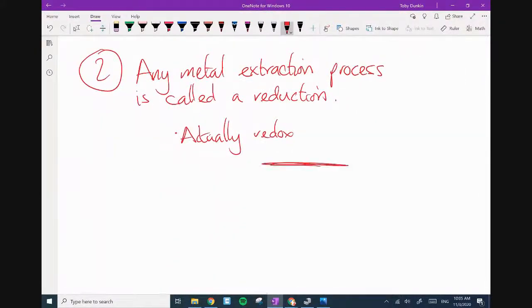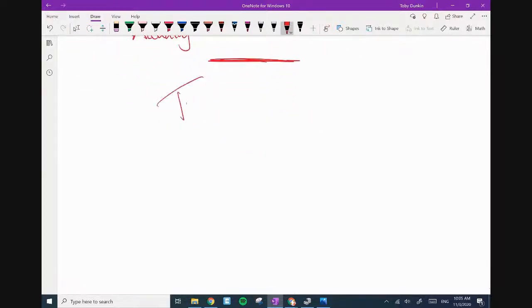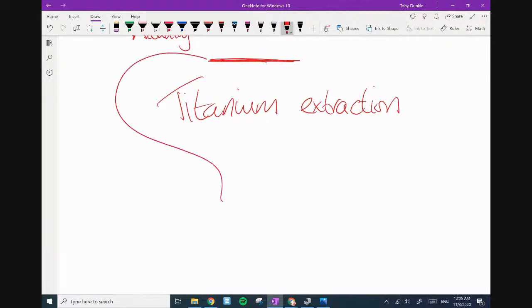Next, titanium. Gotta love titanium. If we were in class, I would have put the song Titanium on. Titanium extraction. Okay, so we absolutely love titanium. The reason being is it's got some key properties. Number one, it's got a high melting point, higher than iron.